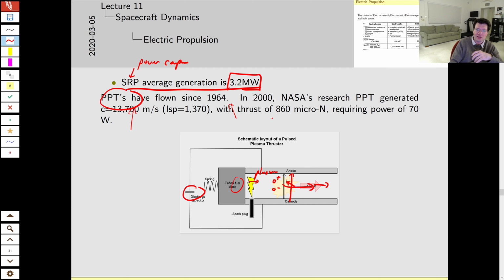So it's generally very low thrust, but can achieve relatively high specific impulses. 70 watts, not great power requirements, so it's relatively minor. This is the most recent NASA research PPT, ISP of 1300, which is pretty good.